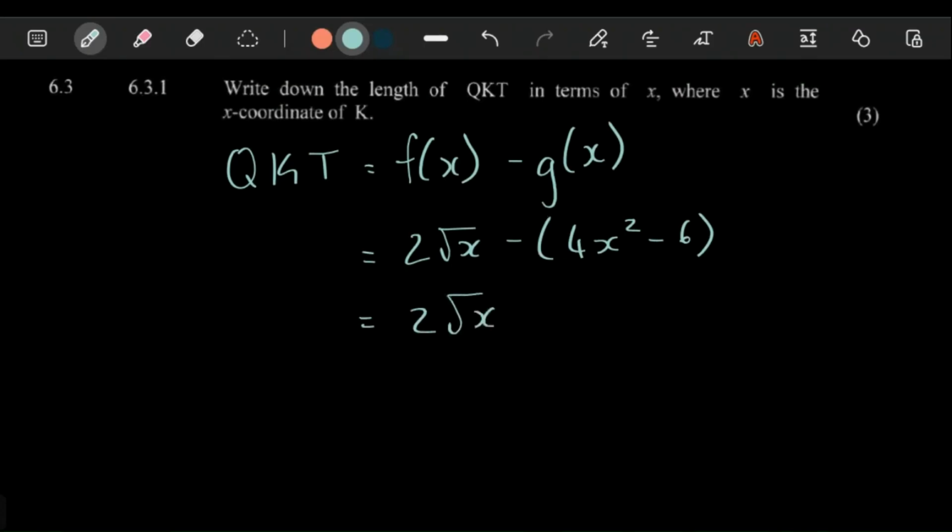If you multiply inside, -4x squared. If you multiply inside again, positive 6. That is QKT. This is in terms of x. Now this is as simple as it gets. You can actually just leave it like that. You can write the -4x squared first, but that's not necessary.